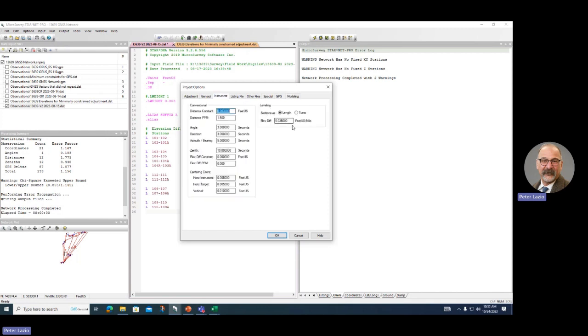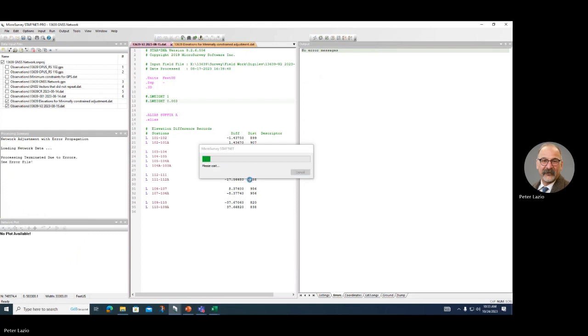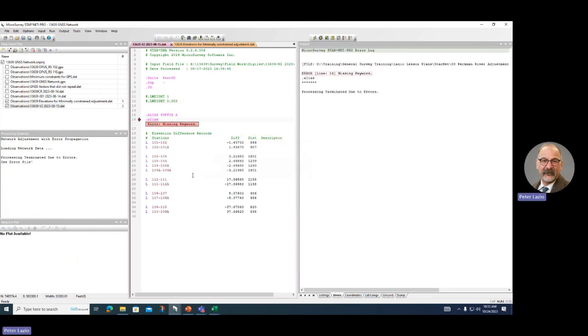But here's where we set the second order class 2 setting. So this is how it weights the leveling. Now, take this out. Comes into effect in a moment. Oh, because I left that in there.